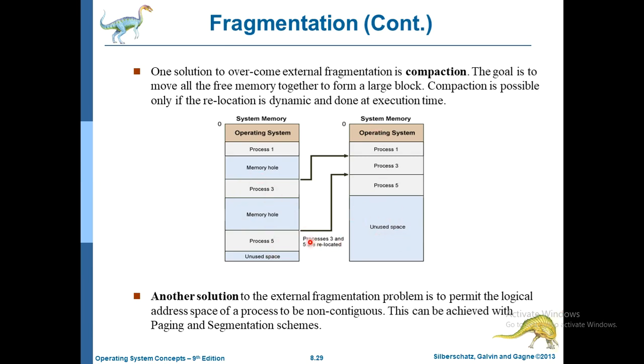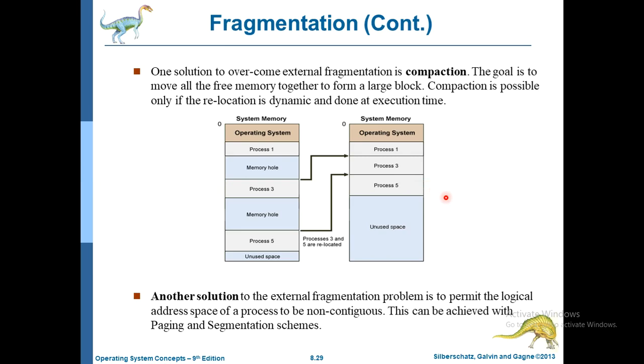In this example, process 3 and process 5 will be reallocated, and the unused space is grouped into one block, right? You can reallocate or readdress the processes only during execution time. If address binding is done at execution time, then there is no problem in adopting the compaction method. But in the other two methods, we cannot use this.